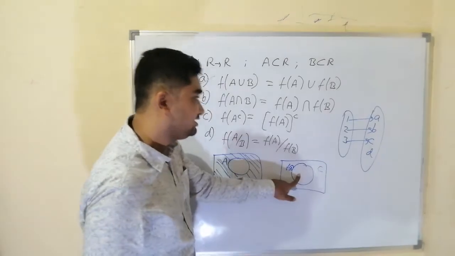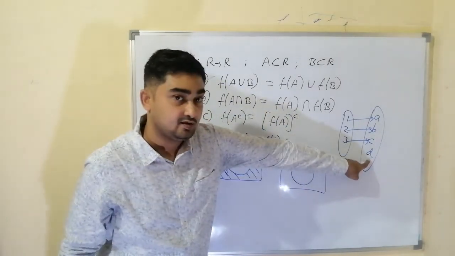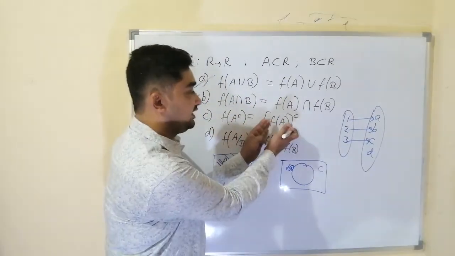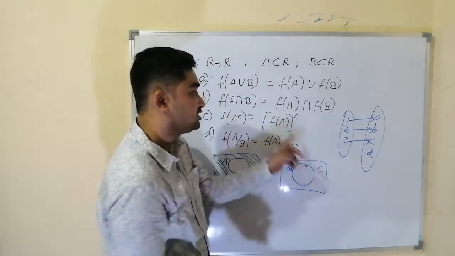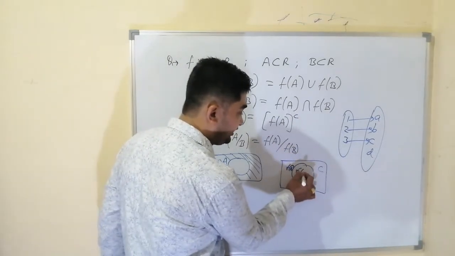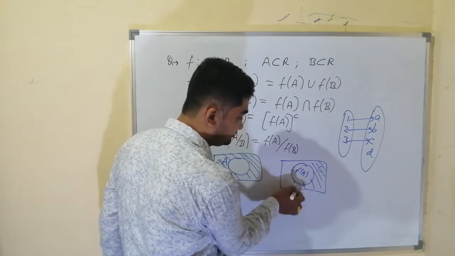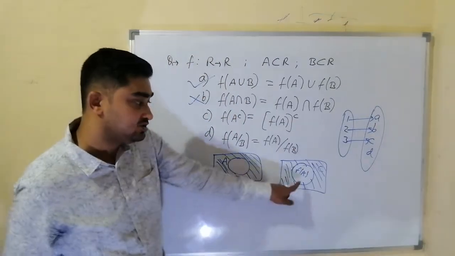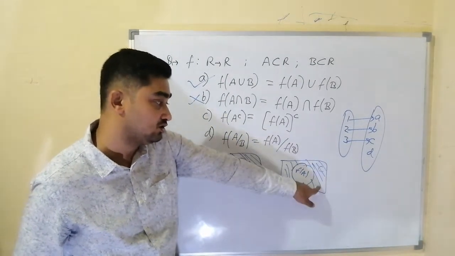If that is the case, then the complement of f(A) will also contain that D. Because the complement of f(A) means whatever the output for A is, all the remaining elements are in the complement of f(A). So this is f(A), and the complement of f(A) is this shaded region. It contains both those which are in the range and the extra ones also.